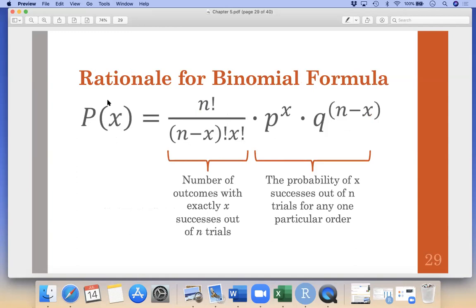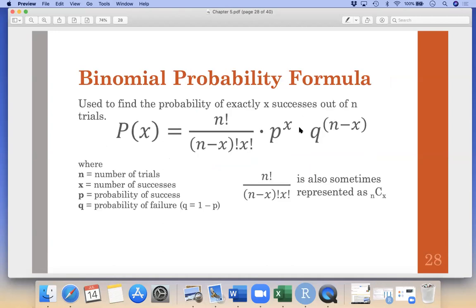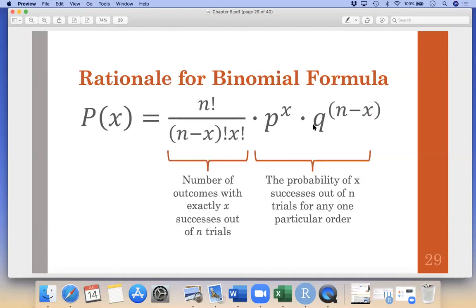Now, what is the logic behind this binomial formula? This is the previous formula, same thing. What is the logic behind this formula? From this first part, this factorial part, we can find the number of outcomes with exactly x successes out of n trials.